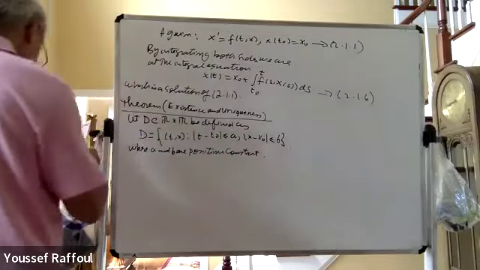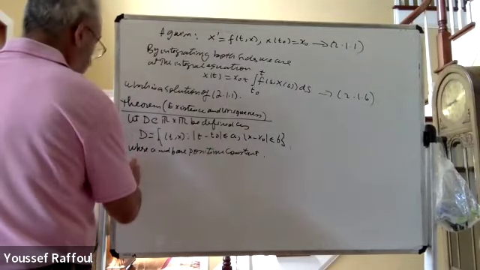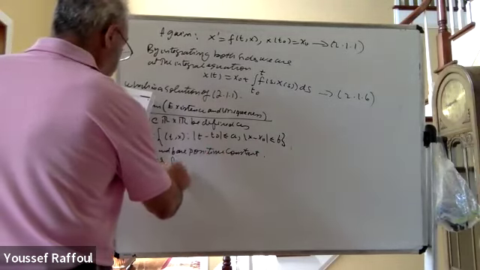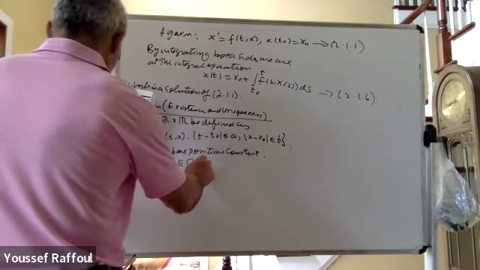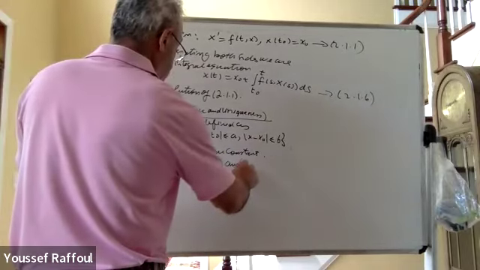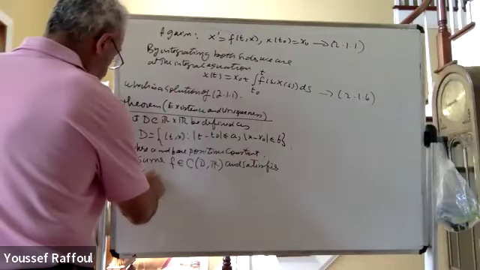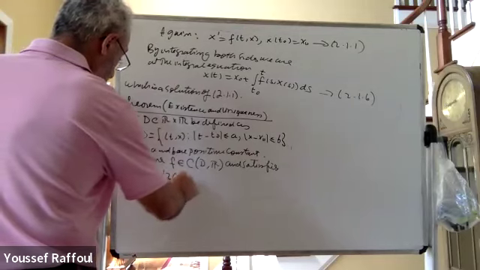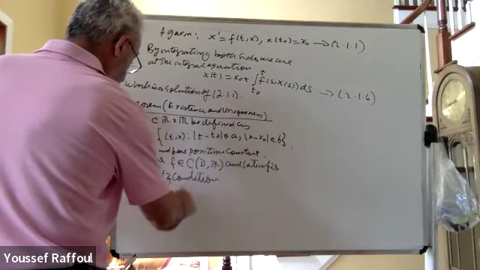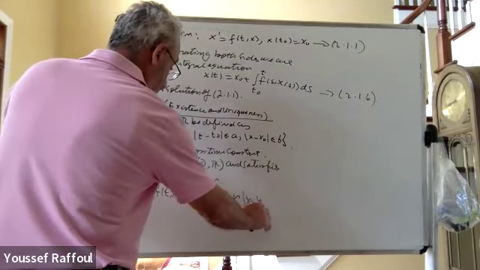Assume that f belongs to C of D and R and satisfies a Lipschitz condition. This is global: |f of t, x minus f of t, y| is less or equal to K times |x minus y|.